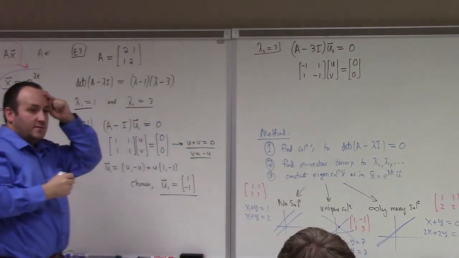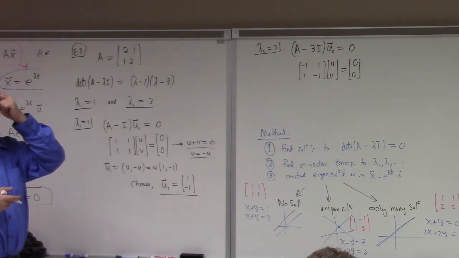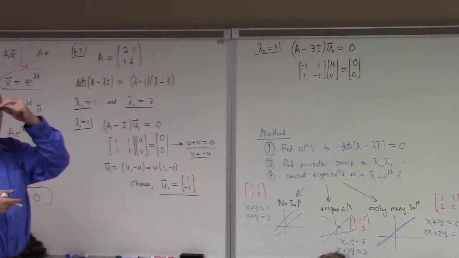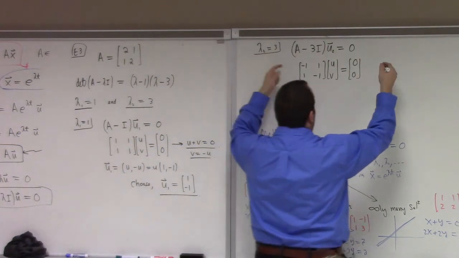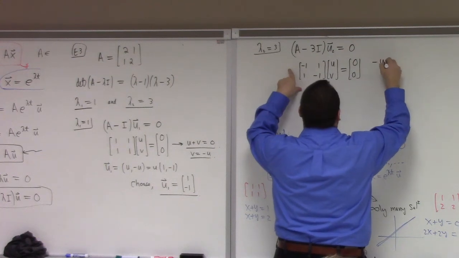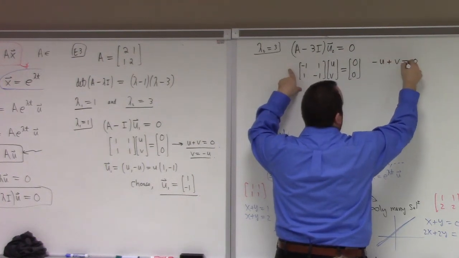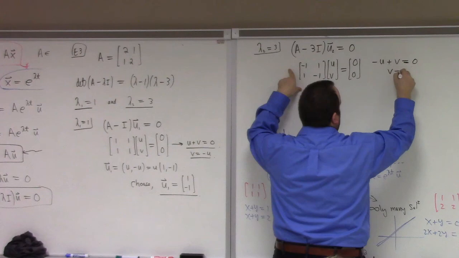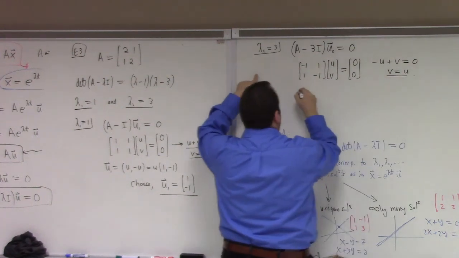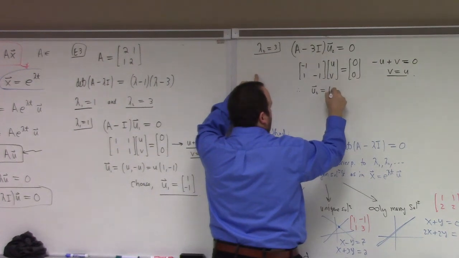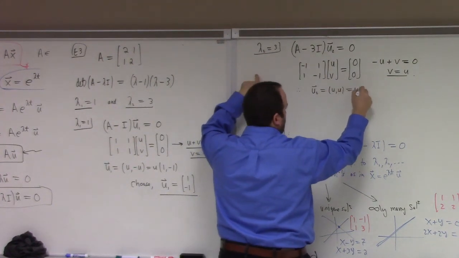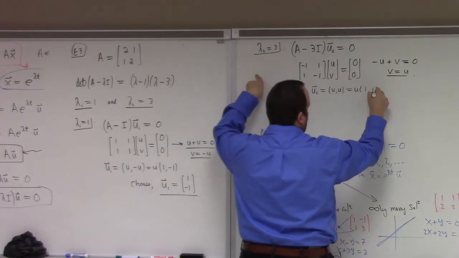So again, it's the same equation. Pick either one you like. I'll pick the first one, minus U plus V equals 0. That tells me that V is equal to U. So therefore, U2 is going to be U comma U. I can factor out the U, and I've got U times 1 comma 1.